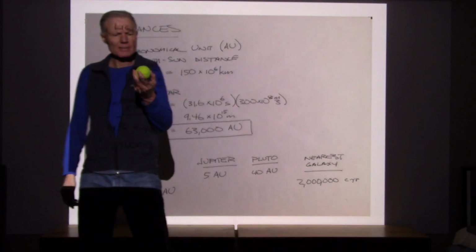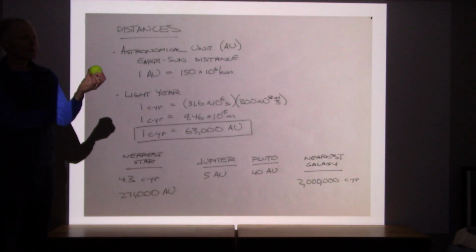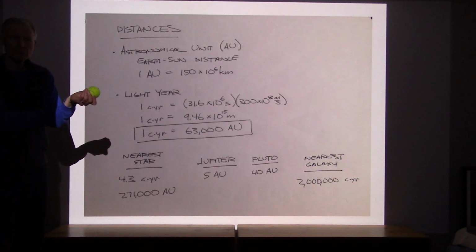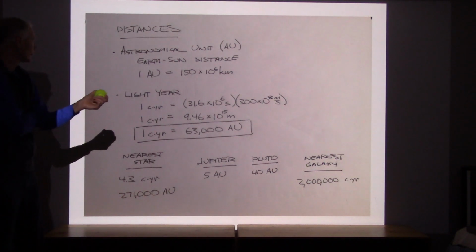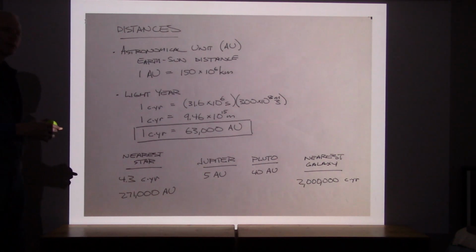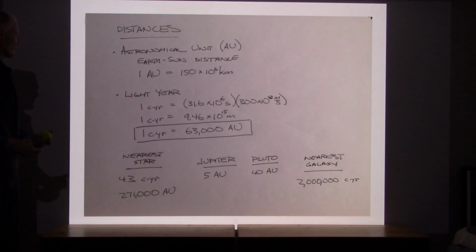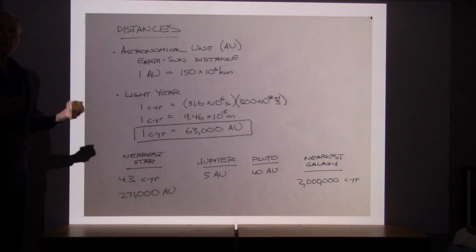Now, if this is a tennis ball representing a star, in particular the Sun, how far is it to the next tennis ball? That would be the nearest star, 271,000 AU. Where would that place us? You might think, is it on campus here somewhere, or maybe somewhere nearby?